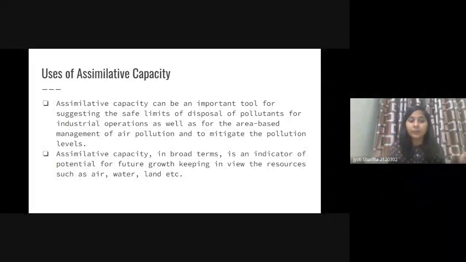And then you may also know how much of the pollutant you can release into the atmosphere.